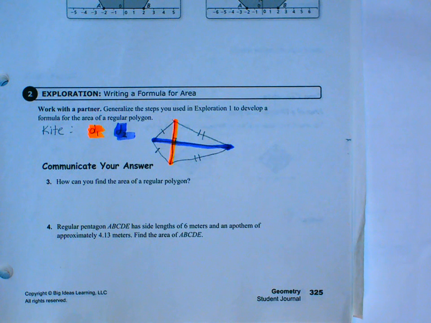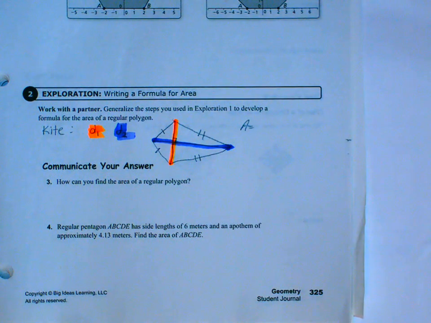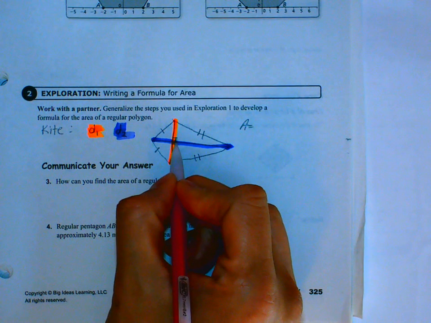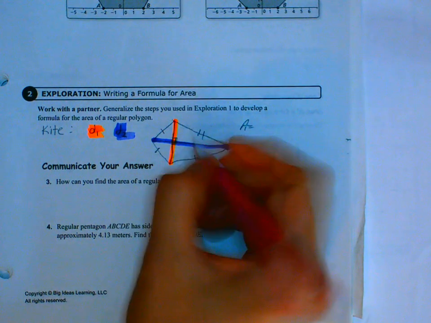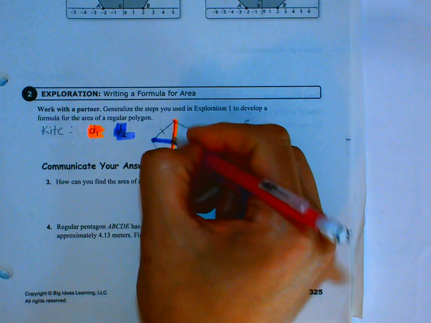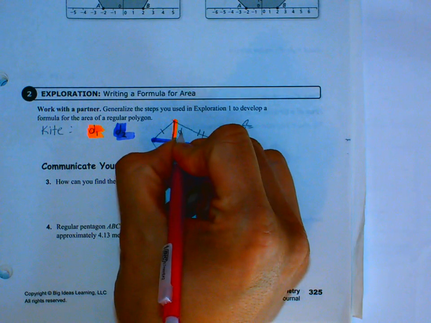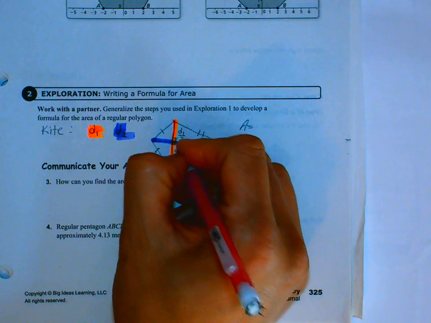Okay, so what we want to do is find out what the area of this kite is going to be. Well, let's think about this. This is perpendicular, which means that this is actually a height. So if all of this is diagonal 1, then only this part right here is diagonal 1 over 2, and this part is also diagonal 1 over 2.